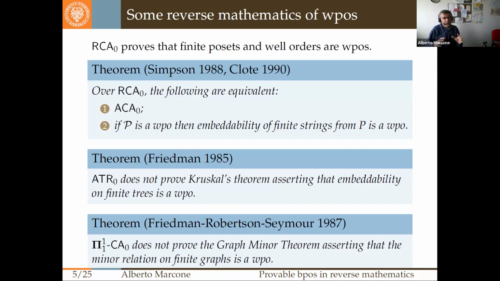But even when there were just a few of these papers out, they joined with Harvey Friedman and showed that pi-1-1 CA naught will not be able to prove even a sub case of the graph minor theorem they had already proved at the time. And so pi-1-1 comprehension surely cannot prove the full graph minor theorem, whose complete proof came a few years later. So we have these results about WPOs.